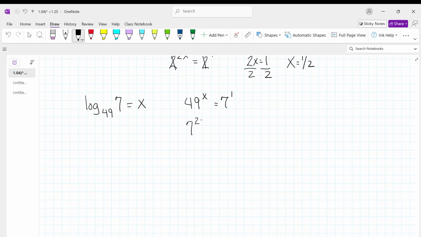So 7 squared, we drop down this x power, equals 7 to the first power. Our bases are the same, so we can cancel them. So this 2x is equal to 1. We divide by 2. X equals 1/2. So our log 49 of 7 is equal to 1/2.